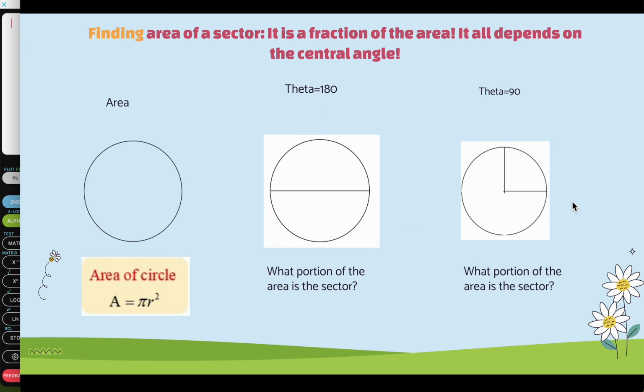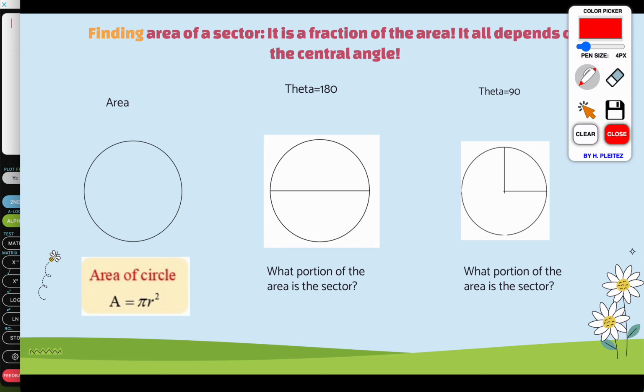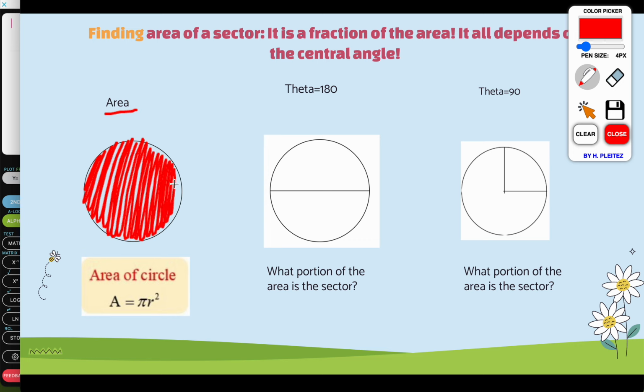So we're going to be solving for the area of a sector, and again, it's a fraction of the total area of the circle. Just a refresher, the area of a circle is this entire shaded region inside. I always like to relate area of a sector back to eating a pizza. If I eat this whole pizza, I can figure out how many square inches of pizza I ate if I do pi r squared.